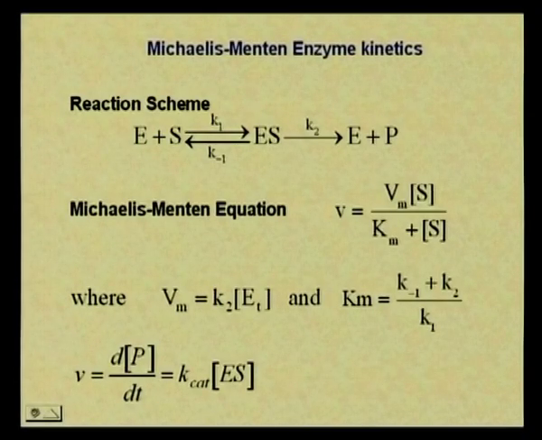So, the Vmax is equal to K2 ET, and we have what is defined as the Michaelis constant, a combination of the rate constants of these reactions: K minus 1 plus K2 divided by K1. The velocity is the formation of the product, which is Kcat ES, where ES is the concentration of the enzyme substrate complex.